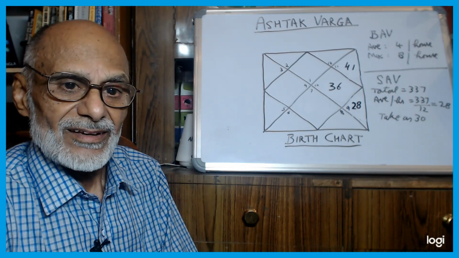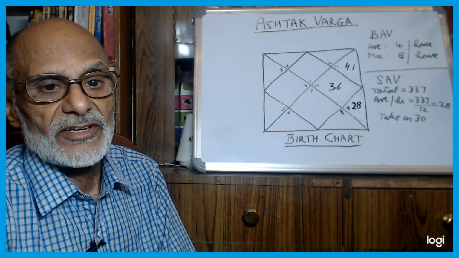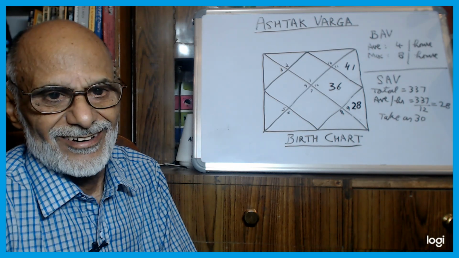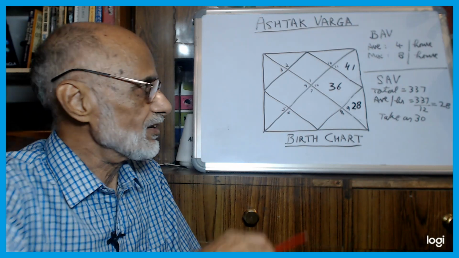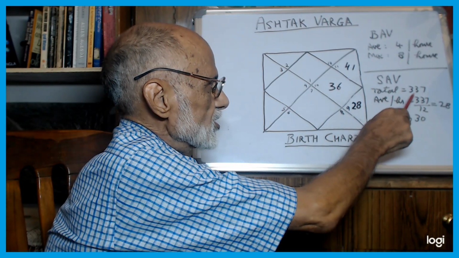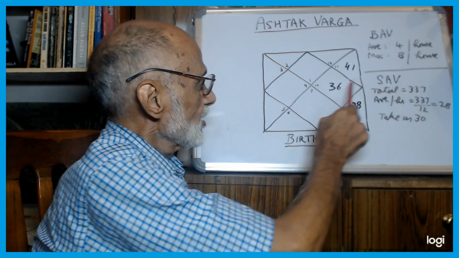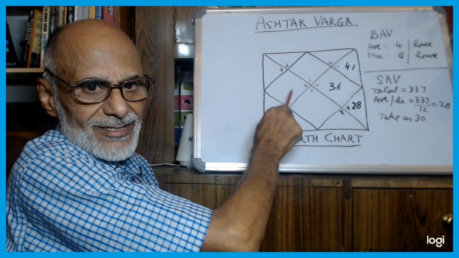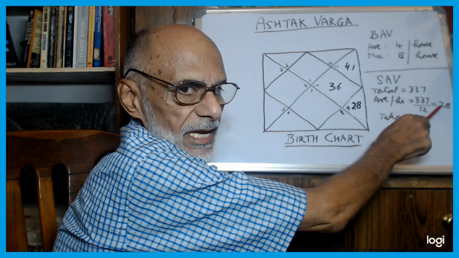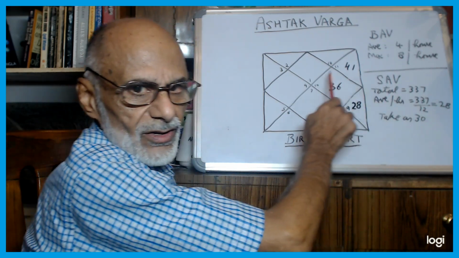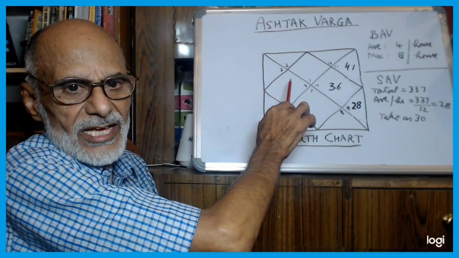And then the other category is Sarvashtak Varga, which is the accumulation of all the Bhinashtak Varga points. In a chart, the total SAV points can be 337. Since there are 12 houses in a chart, 337 divided by 12 is 28. That is the average for a house for SAV points.